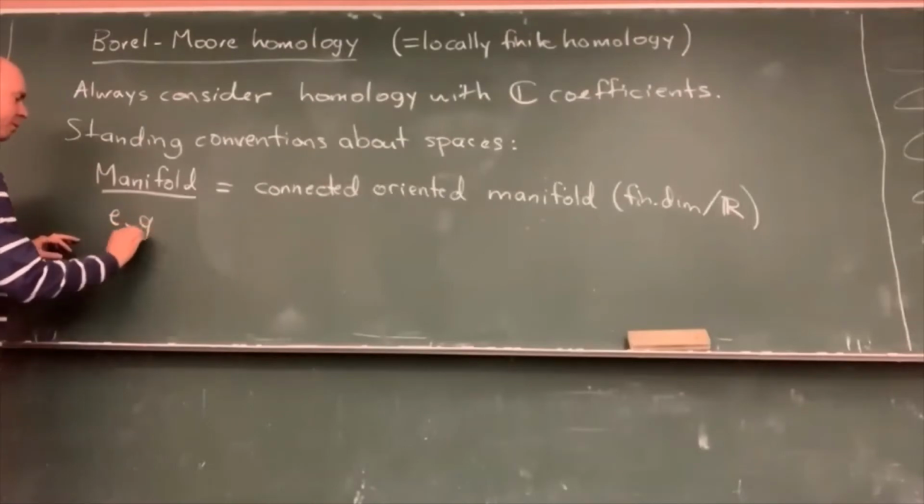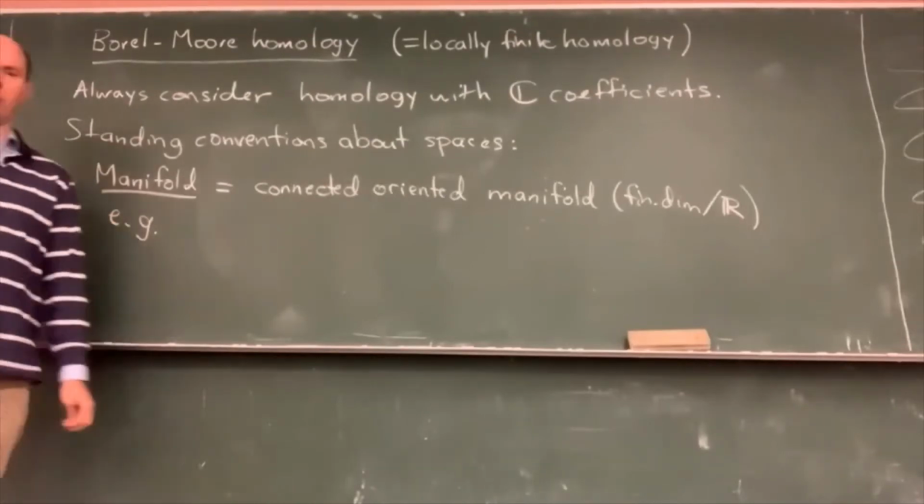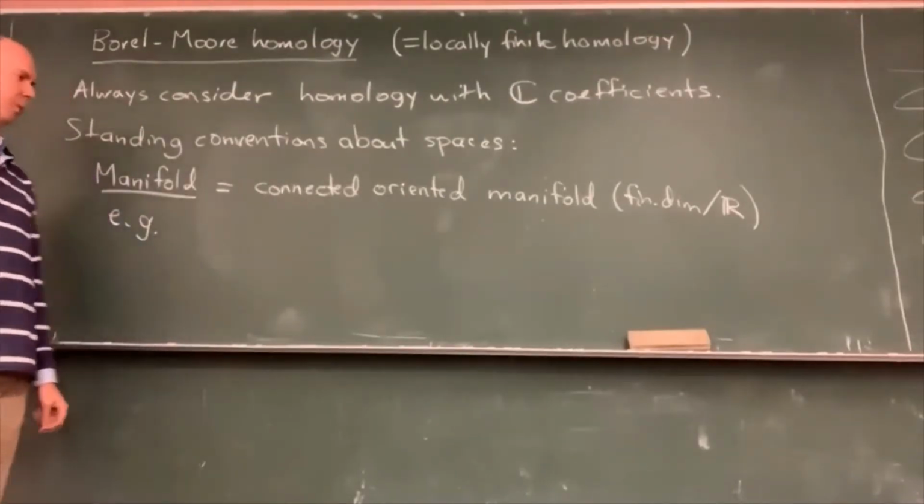The primary examples of manifolds when I actually apply this theory later on will actually be smooth varieties over the complex numbers.